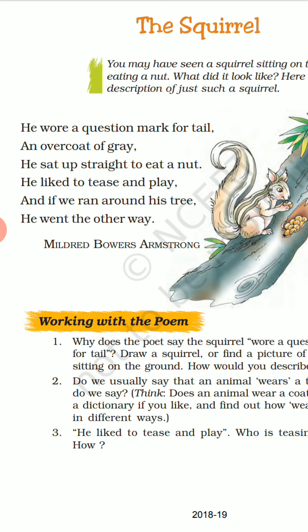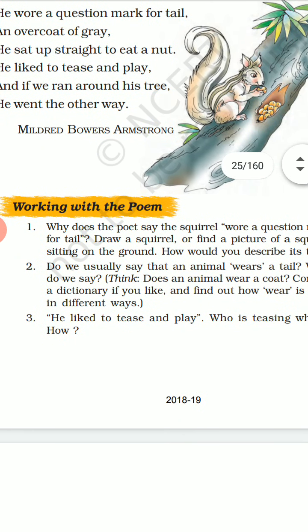So this is how the squirrel tries to play and also tease the poet and her friends. So the poet talks about the appearance and the movements of a squirrel, and how the poet was attracted by its playfulness and swift movements. Okay, so now let us see, working with the poem, there are 3 questions.